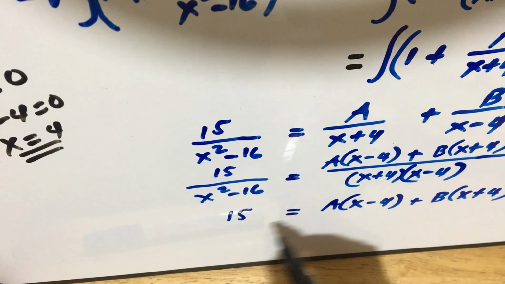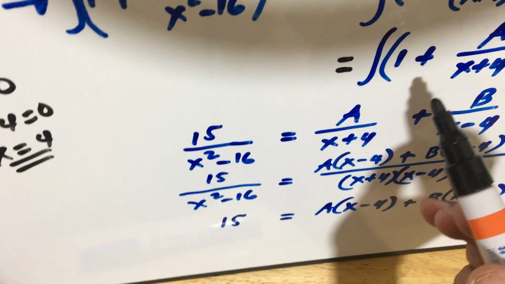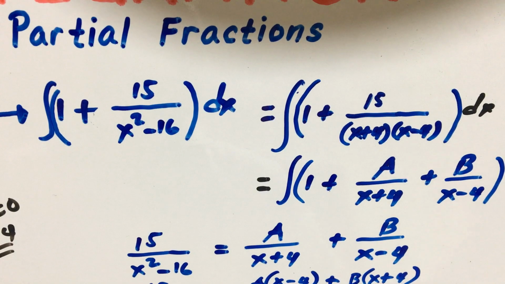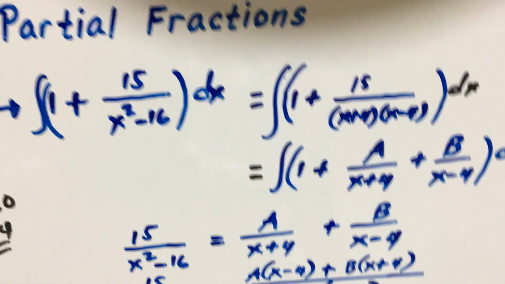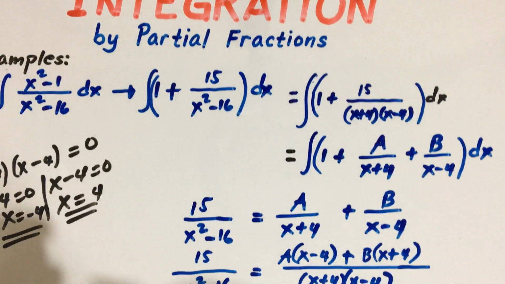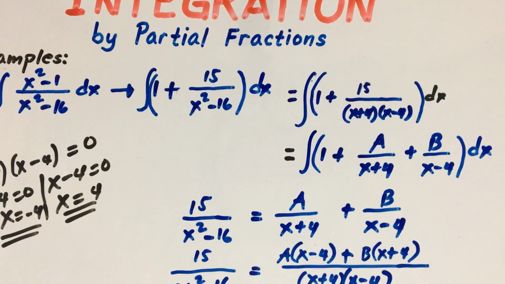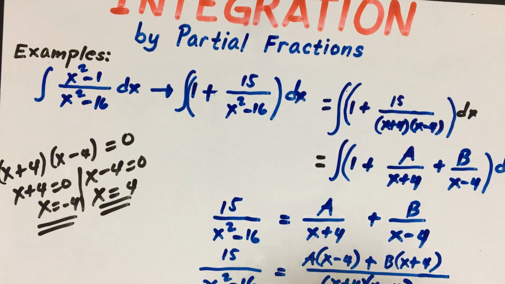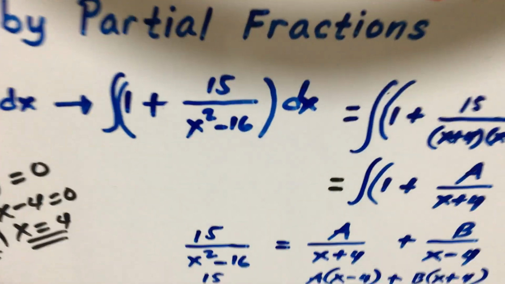Then once we solve for a and b, we have to substitute them into this equation and then solve our integral. Alright, so to continue, I will use another board. Okay, so I have here another writing board.